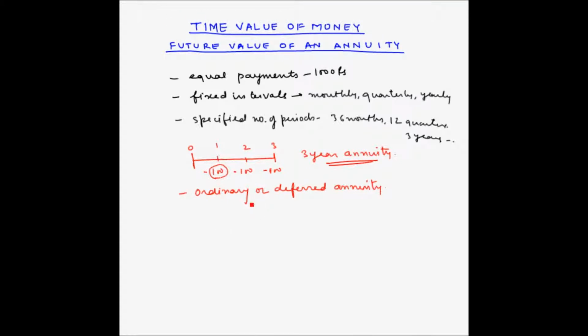For example, payments on mortgages, car loans, and student loans are typically set up as ordinary annuities.